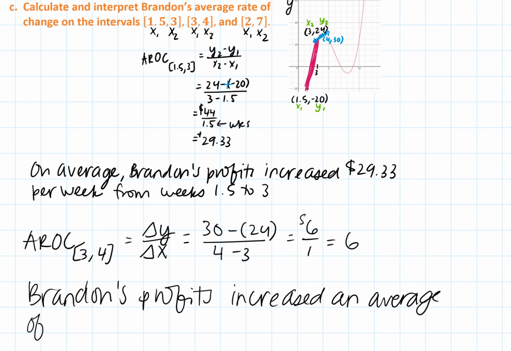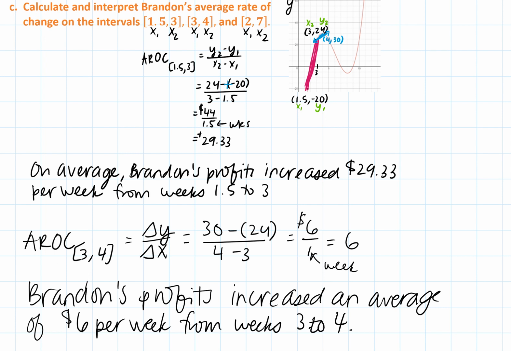This, again, is an amount of money. This 1 is 1 week. So this was an average of $6 per week from weeks 3 to 4. You got to always give the interval that you're looking at because his profits vary dramatically depending on which weeks you're looking at.